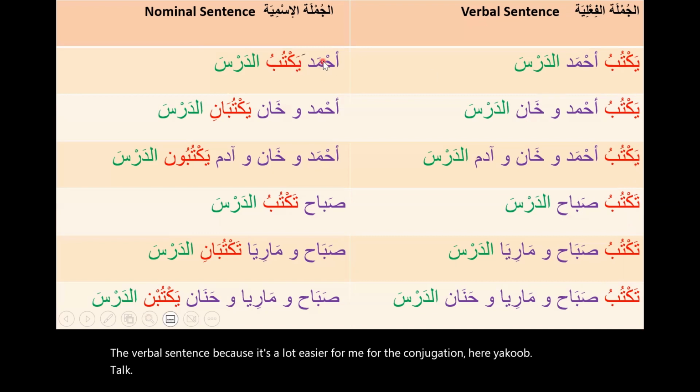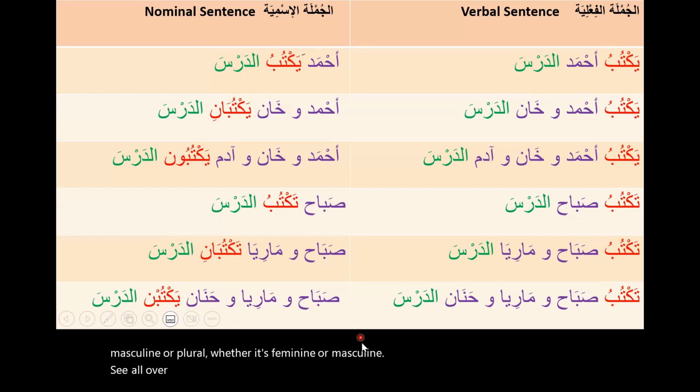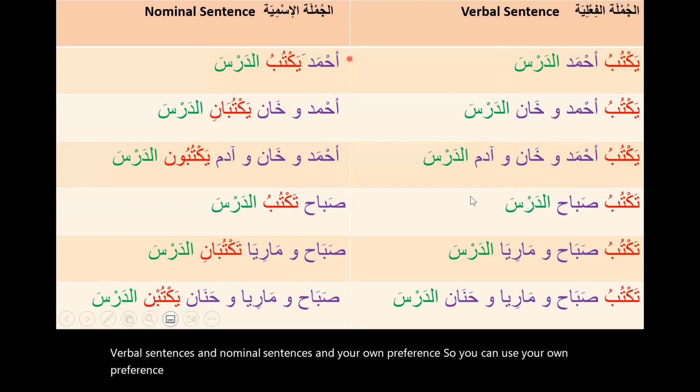And here, I don't like this form because you need to conjugate throughout, whether it's singular, masculine, or plural, whether it's feminine or masculine. See, all over the place. All right, so this is with reference to verbal sentences and nominal sentences and your own preference. So you can use your own preference as to which one you are going to use.